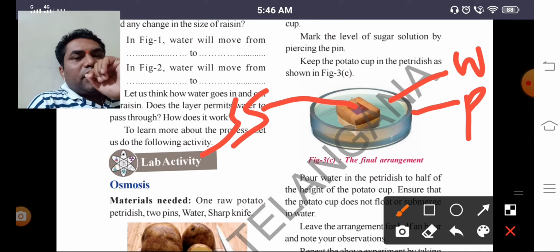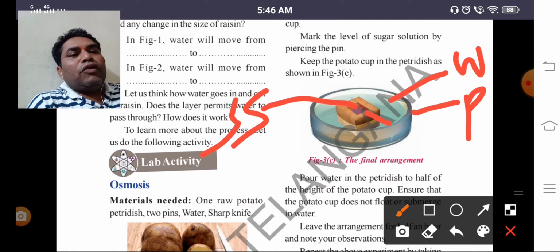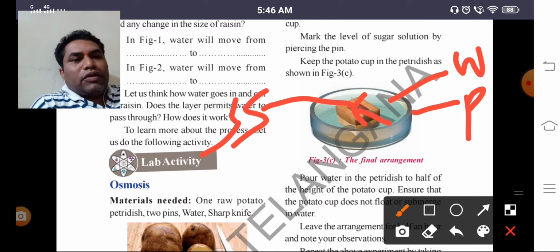When we keep this experiment for an hour, what happens? Water moves from the petri dish into the potato, through the plasma membrane of the potato, and goes inside the potato.